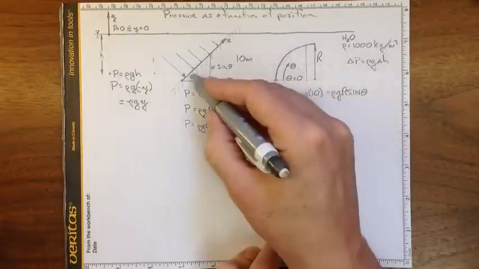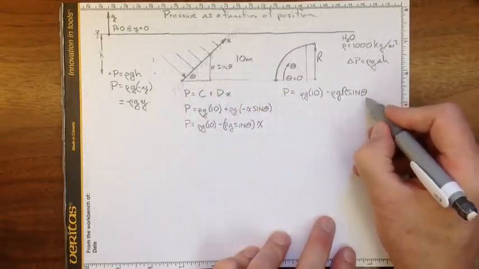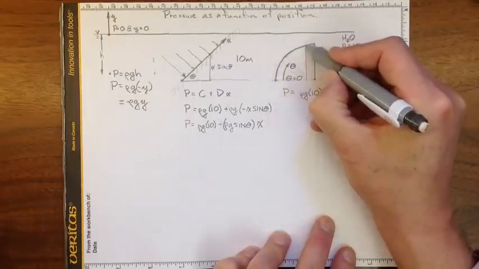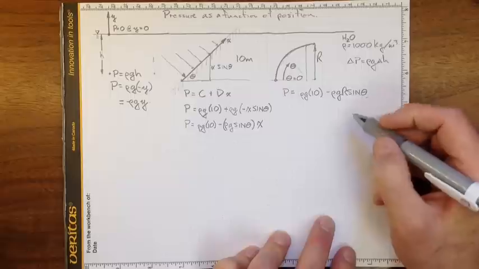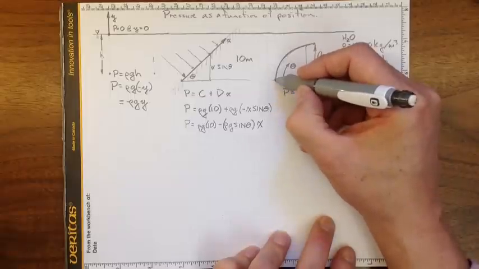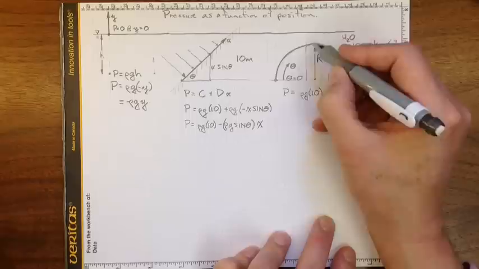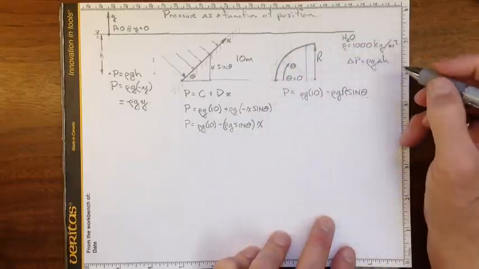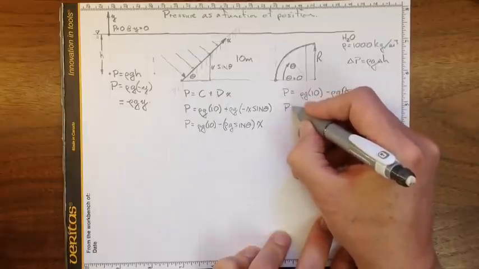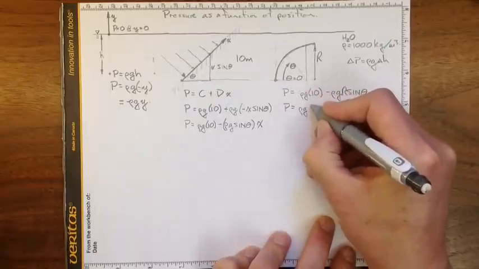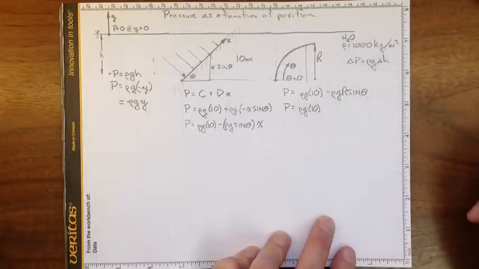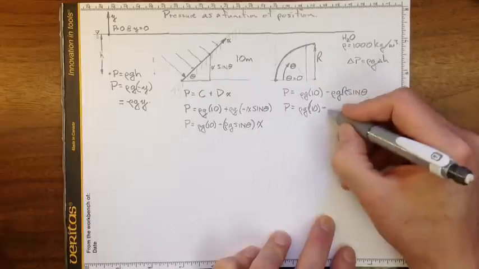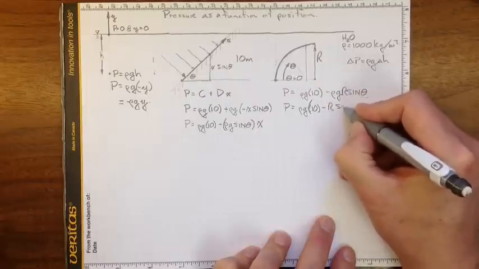In this case, over here theta was a constant, but over here theta is one of our coordinates. And we can integrate around there using theta as our coordinate. If we wanted to make our life more complicated, we could try to put it in terms of y and x, and that integration would wind up needing double integration over both dimensions. So rearranging this, pressure equal to rho g times 10 minus r sine theta.